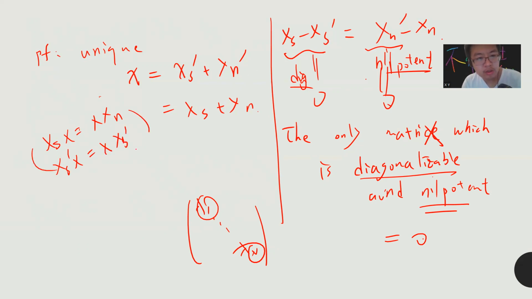So these S_S and S_S prime are both commuting with X. So they can be simultaneously diagonalizable with the eigenbasis of X. This is the reason why there are some bases such that these two guys are both diagonalizable and these two guys are obviously nilpotent. So this is why I can easily say that this guy is diagonalizable and this guy is nilpotent, because they're all commuting with the original X, which we just proved.